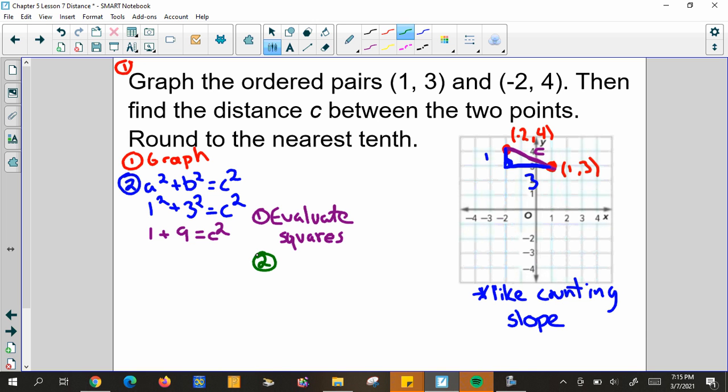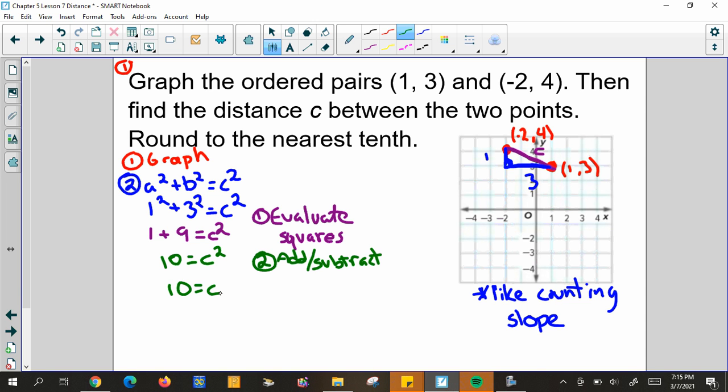Step 2 is our add or subtract step. And in this case, I need to add, so I combine like terms, and 10 equals C squared.